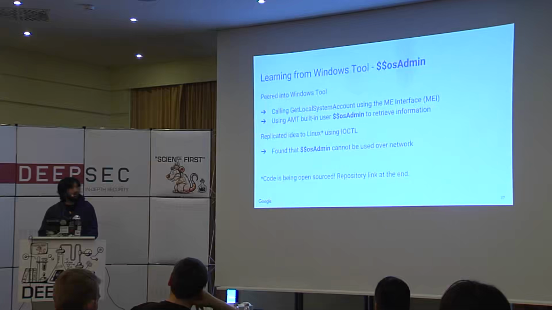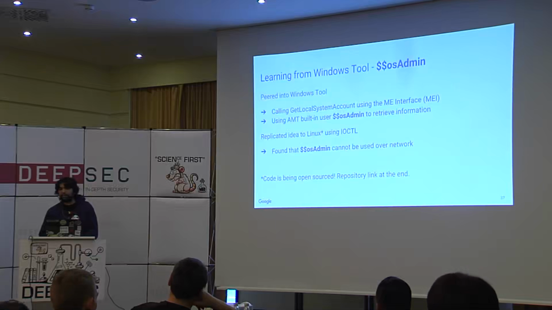So I dug a bit more. I spent time poking at the Windows tool. I learned that it was calling GetLocalSystemAccount via the ME interface. The ME interface, the MEI, is exposed via a driver, which interfaces with the management engine. And GetLocalSystemAccount tries to get the password for an inbuilt user called $OSAdmin.